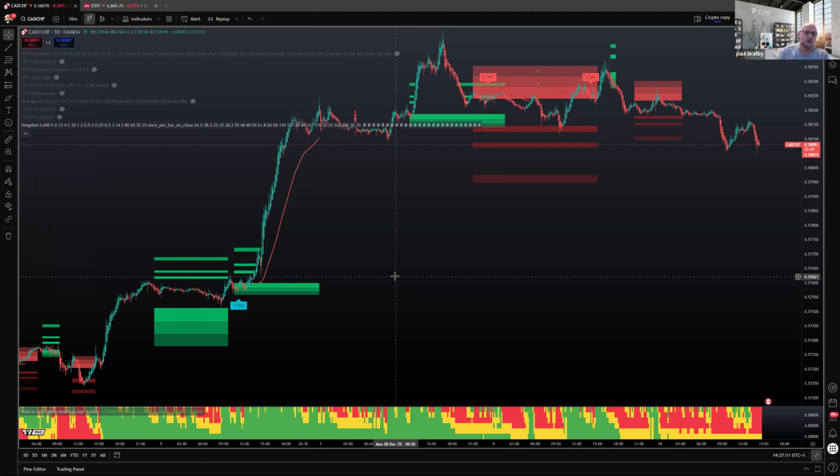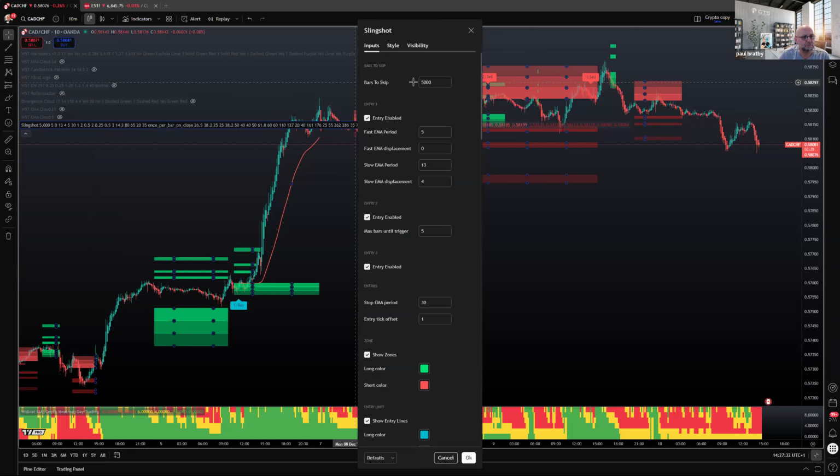But basically my look back period is infinite. But if you're on a lower level and you can only look back 5,000 candles or whatever, with the slingshot, this is the setting here where it says bars to skip 5,000.